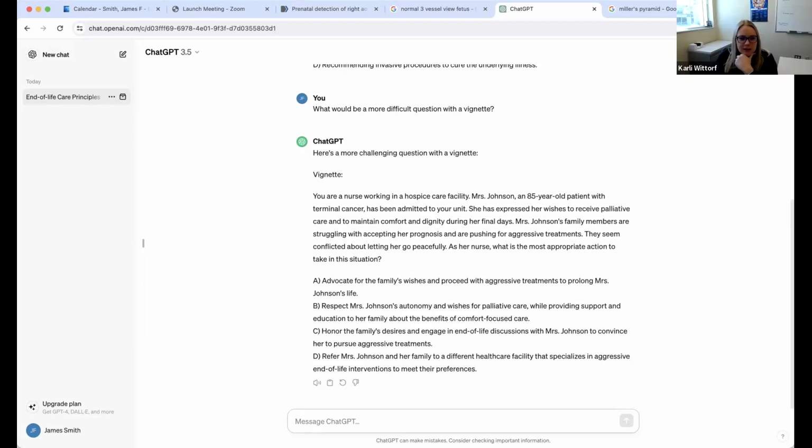Okay, I'm just finishing reading through the answer options. One suggestion that can sometimes be helpful, similar to what Karli was talking about earlier but different, is to take away the vignette and see if students can still answer the question without it.